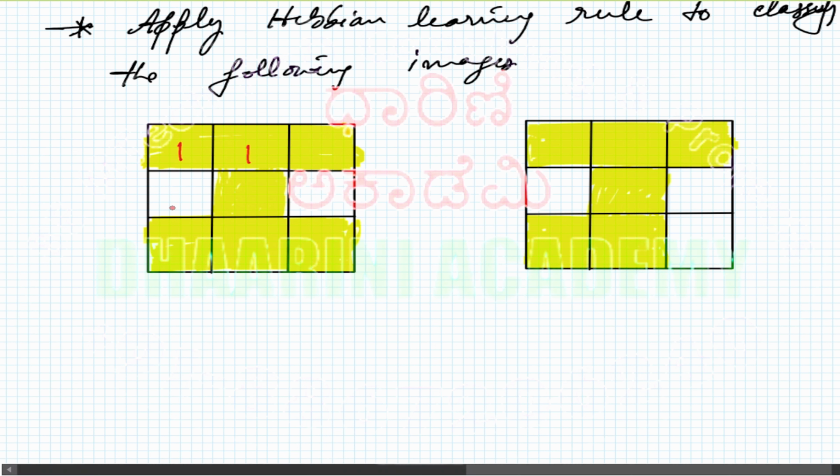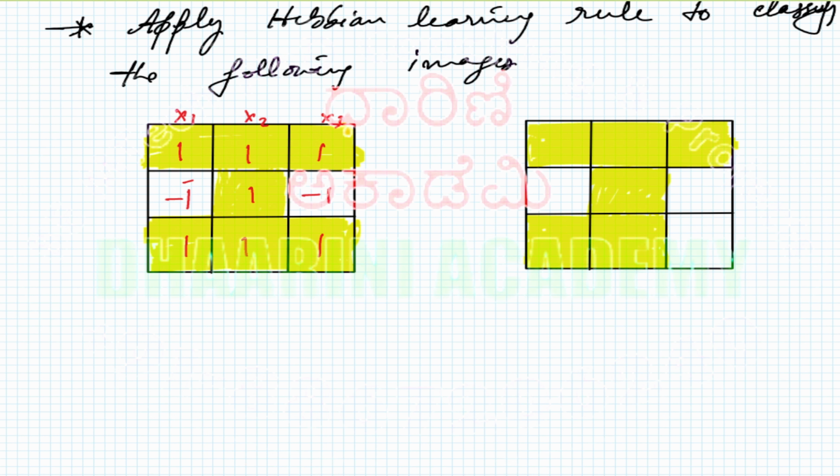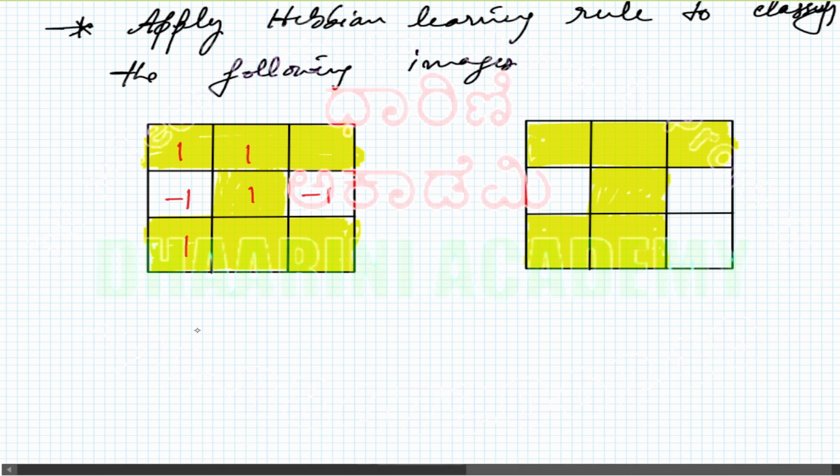So when you write it in a linear fashion, this is the input: x1, x2, x3, then x4, x5, x6, x7, x8, x9. So how many inputs do you have? 9 inputs. The previous problem had only 2 inputs. Now there are 9 inputs, starting from x1, x2, up to x9.